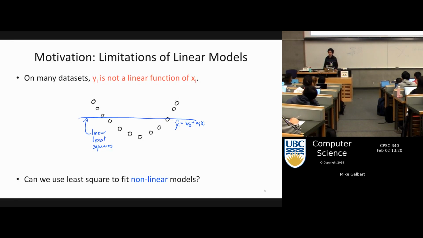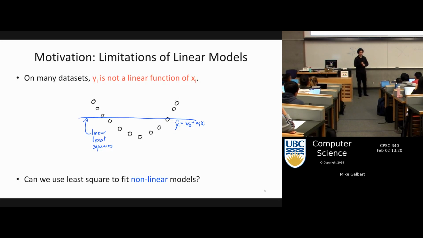Yes, there are things that depend on other things in a way that is not linear. Here is a toy picture of that with just one feature and the y values looking sort of parabolic in terms of the feature. And if I tried to do linear least squares, I would get this, and maybe I could do L1 or whatever. It doesn't matter, and that's what we talked about last time.